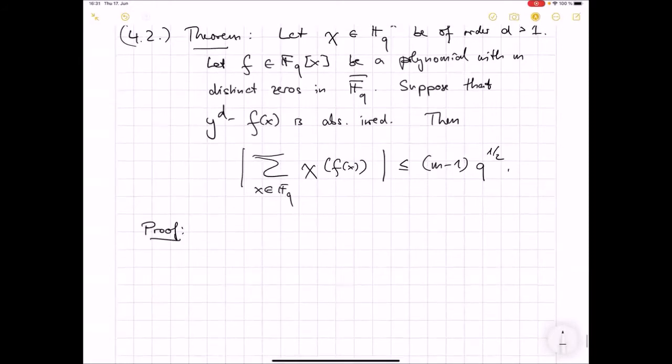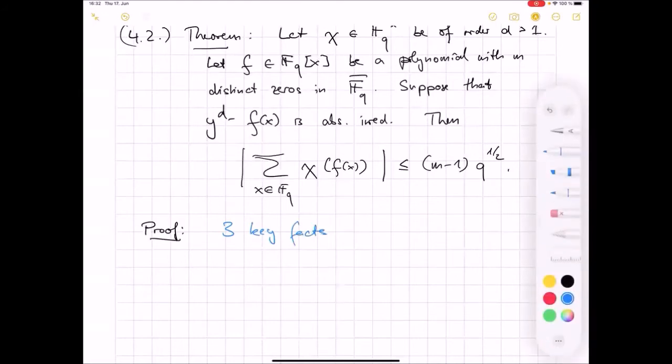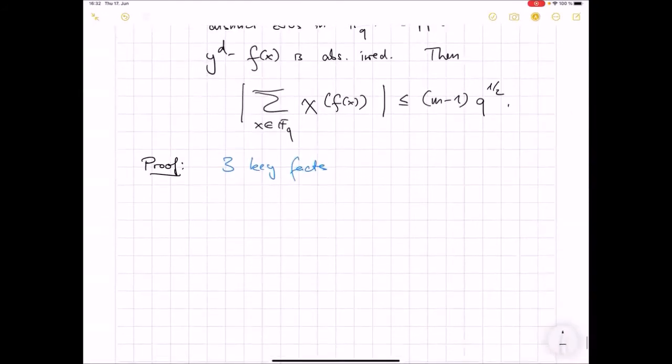And we need 3 key facts, and I recall those. This is what we already proved, but let me just recall. Fact number 1 is a counting estimate.